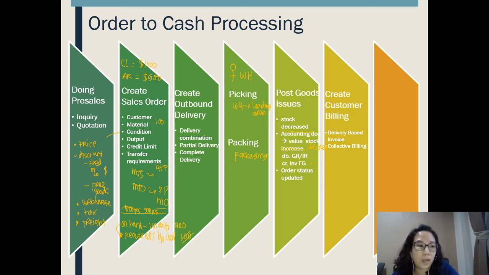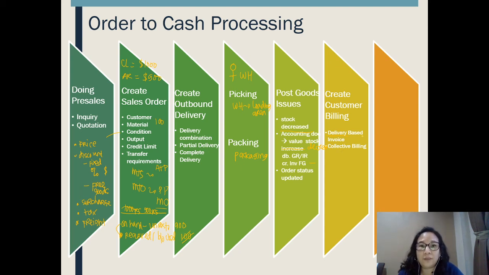For example, if in the sales order the customer ordered 100 pieces, but in the delivery we only deliver 70 pieces, it means later in the customer billing we only bill for 70 pieces.